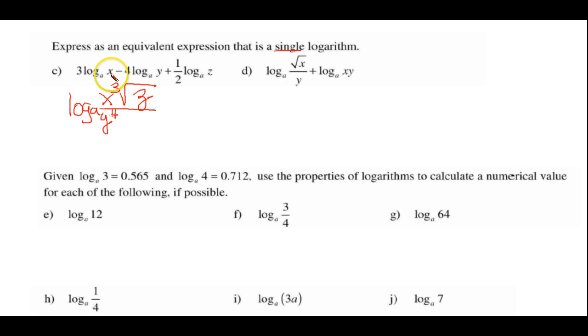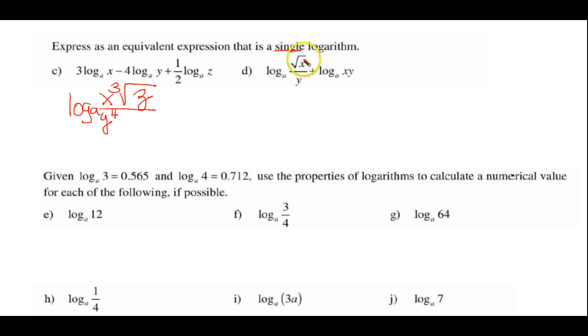Then we put our x in the numerator. The 3 is the exponent. We take our negative 4, and that means it's going to be division of y, y to the 4th. There we go. And then plus, back in the numerator, log base a, which we have already, z to the 1/2 power, which is the square root of z. All right.